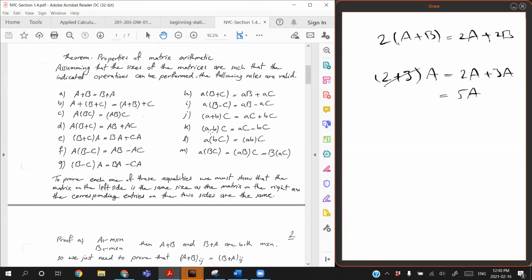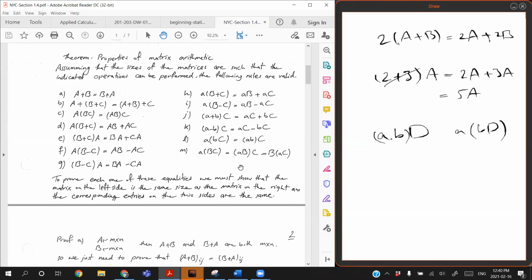With subtraction, and also the associative property for two scalars and one matrix. So if you have two scalars, for example, the numbers A and B, and you have a matrix, let's say D. So you can do this operation first, or you can do this operation first. It doesn't matter. You're going to get the same answer.